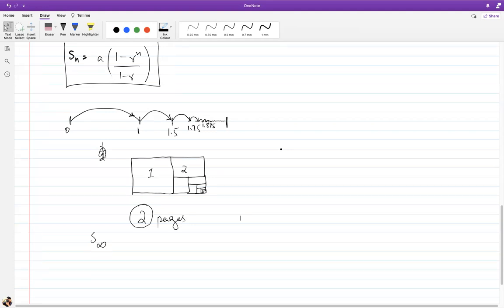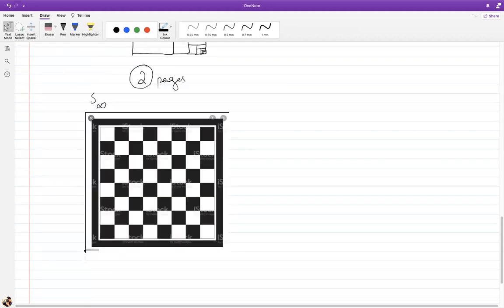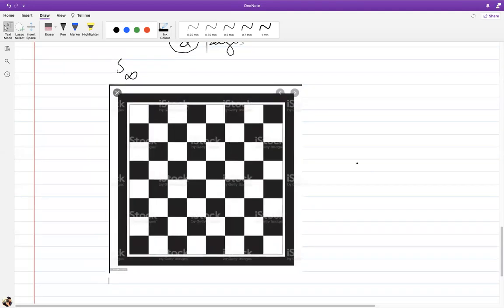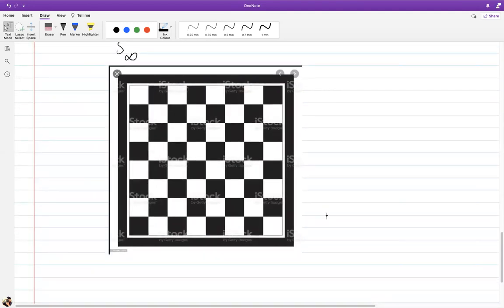So I have a classical chessboard. And this guy, the king is very happy with him. And the king says, whatever you want, I'm going to give to you. So he says, I want you to give me 1 piece of rice.